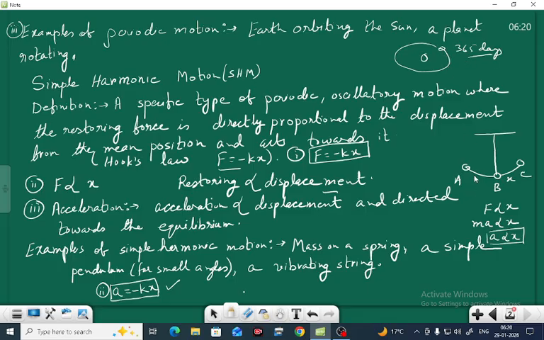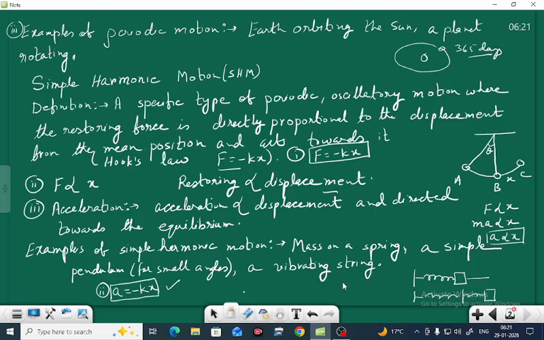Simple harmonic motion can be seen in a pendulum, but it is applicable for a small angle theta. Or a mass on a spring. Suppose this is a spring in equilibrium. If we pull this spring to a certain distance and extend it up to here, then it oscillates about its equilibrium position.